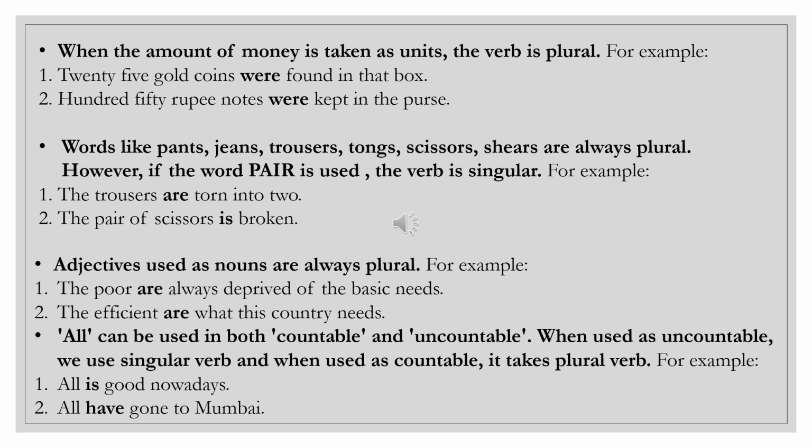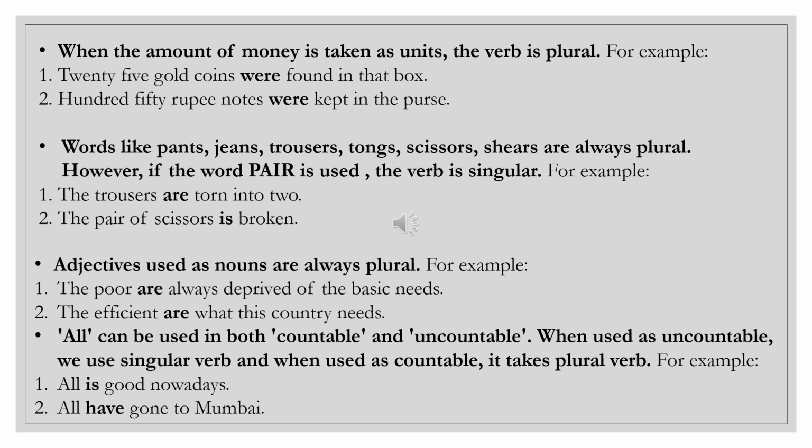Next, all can be used in both countable and uncountable. We know that again the countable uncountable thing is coming in. When used as uncountable, we use a singular verb, and when used as countable, it takes a plural verb. For example, all is good nowadays, all have gone to Mumbai. Now all is good nowadays, we know that we are referring to something that is uncountable, like our health or our situation in general.